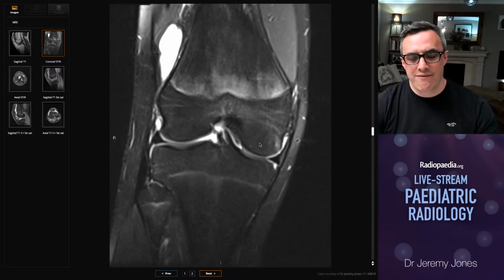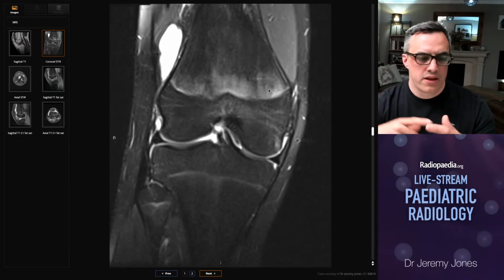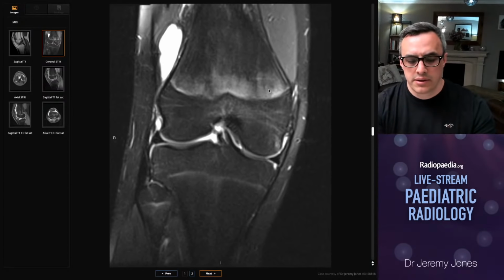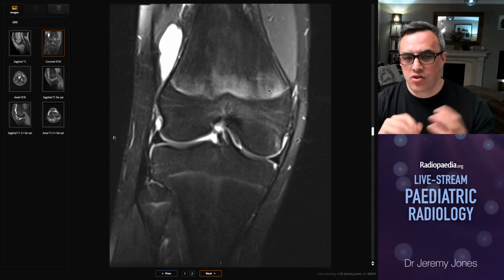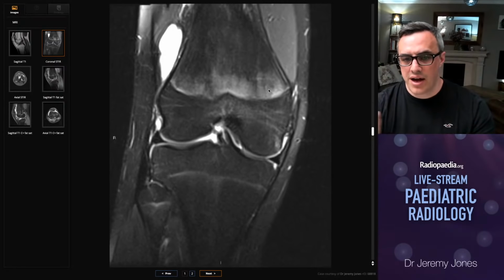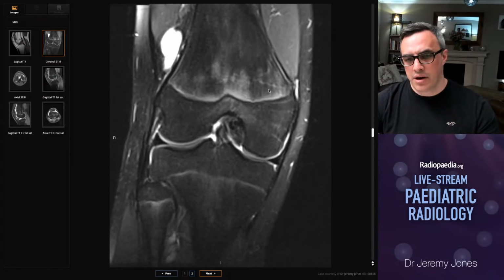One of the things that people get very confused about in pediatric MRI of the knee is the marrow edema that occurs. There are lots of causes for marrow edema: tumor, infection, trauma, reactive, but one of them is physiological. As your red marrow converts to yellow marrow, you have this very weird at times marrow edema.